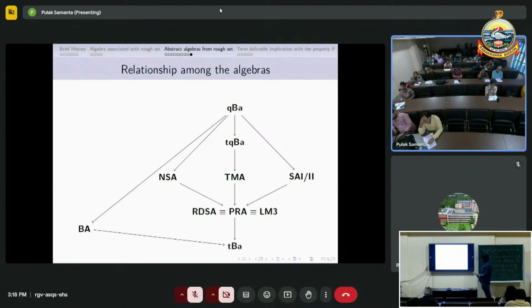So these are our algebras which we are extracting from rough set theory.